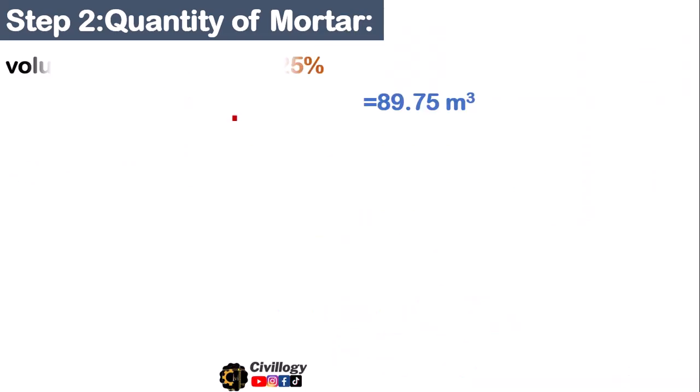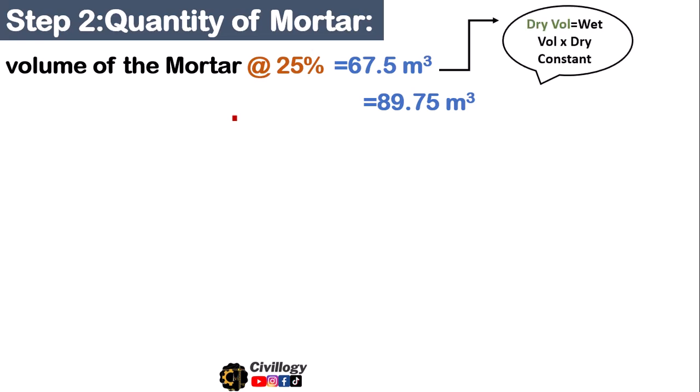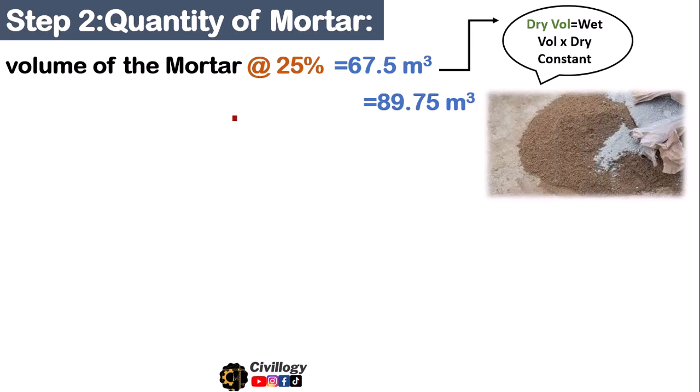Now let's proceed. The volume of mortar at 25% is 67.5 cubic meters. You must keep in mind that this is wet volume. We need to calculate the dry volume, as cement and sand are mixed in dry conditions, then water is added.